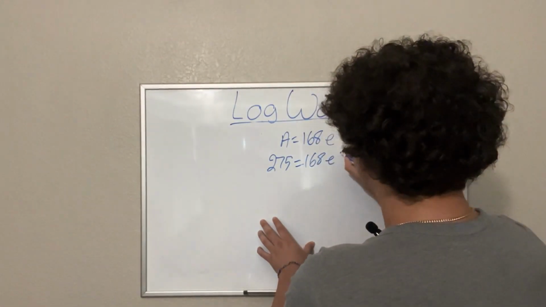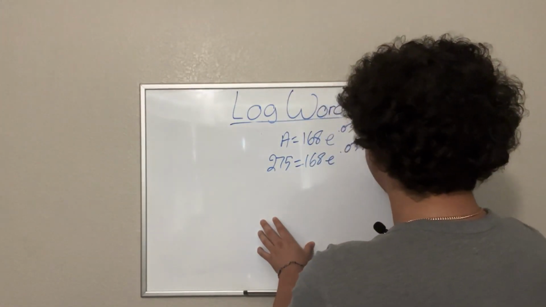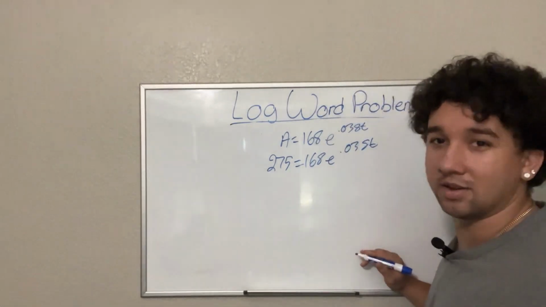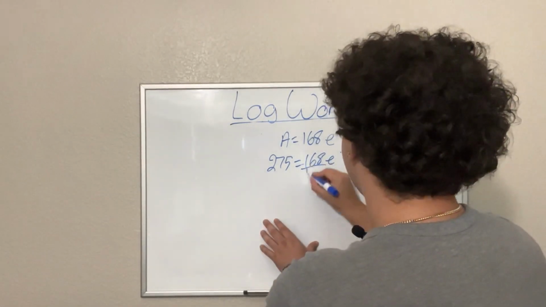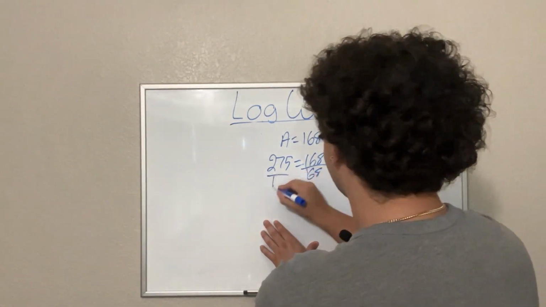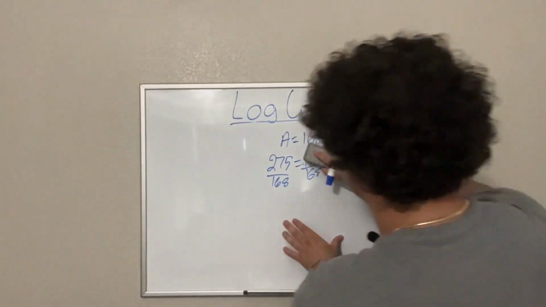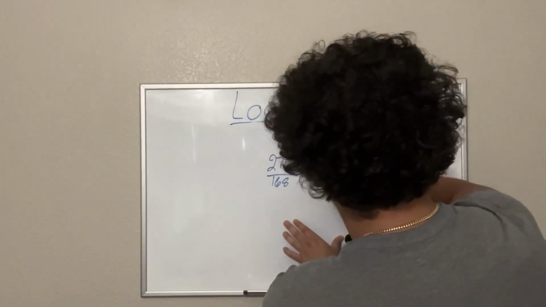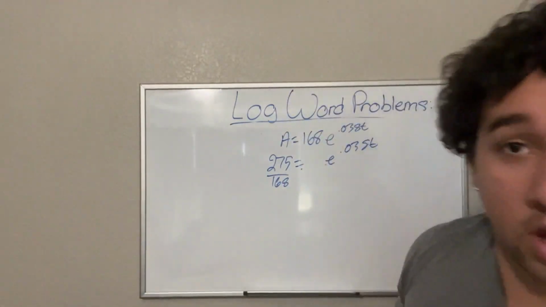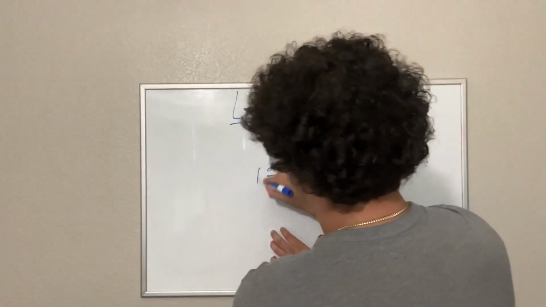It's equal to 168e to the 0.038t. And then from here, it's just some algebra. Divide by 168 on both sides. That gets rid of 168. Take the natural log of both sides.